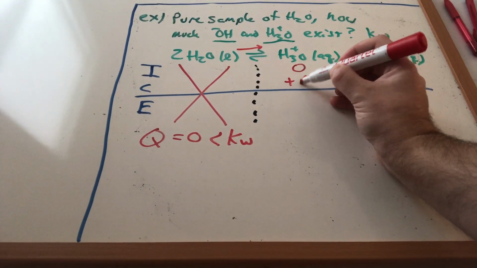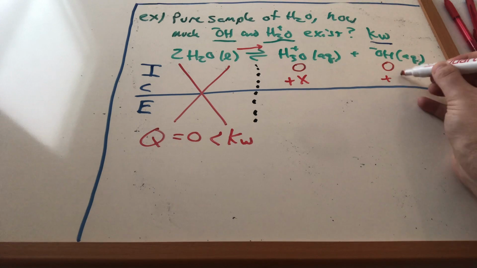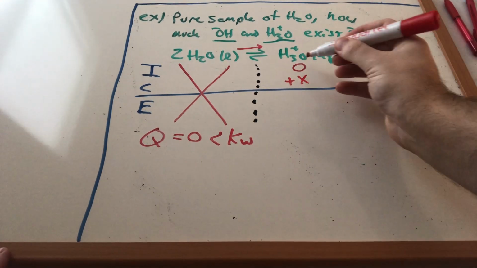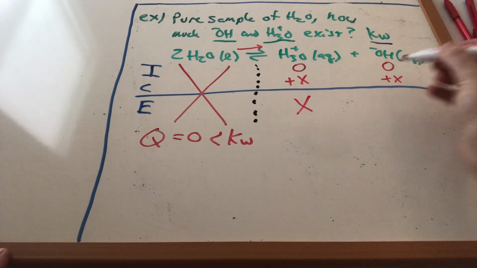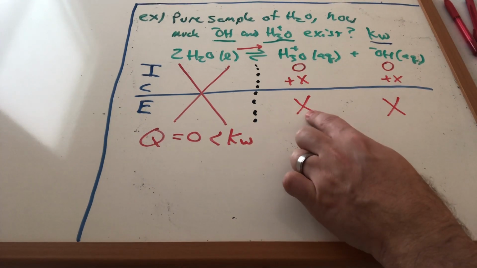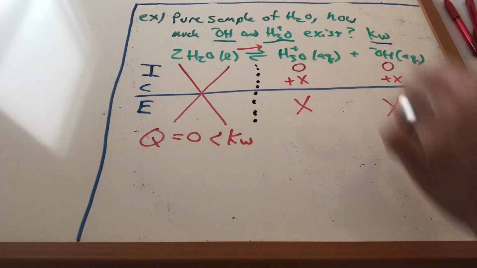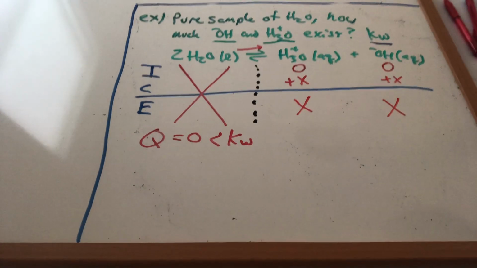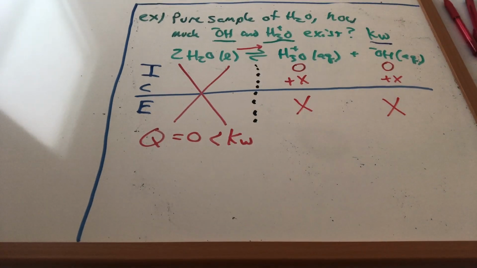We're going to get a plus X here based off the stoichiometry and a plus X here based off the stoichiometry. I plus C equals E. So if I can figure out an X in neutral water, that X will be the concentration of H3O plus, and that X will be the concentration of OH minus, and I'll answer this question.